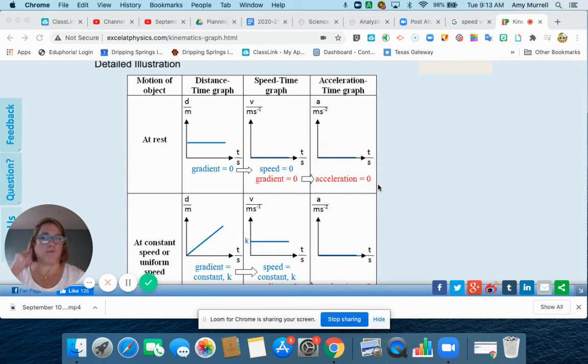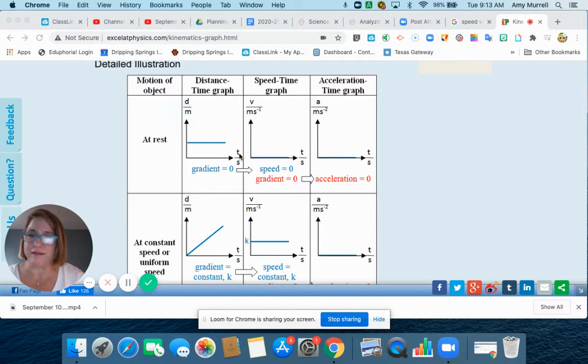So hopefully by now you know the first thing to do when you get a graph is to look at the labels. What do the labels tell you? What kind of graph is it? I know some of this looks kind of complicated. Don't worry about gradient and all of that. But what I want you to see is this one is a distance time graph. So this is distance and then time over here on the x-axis.